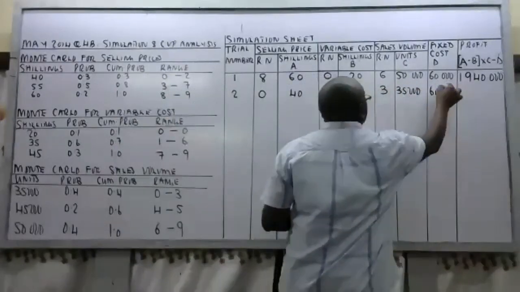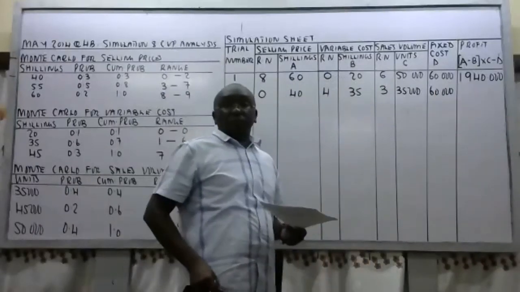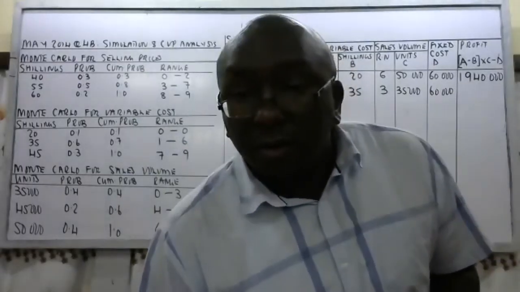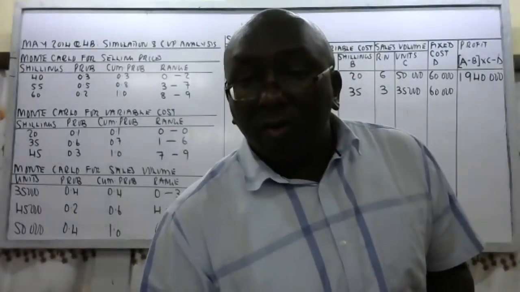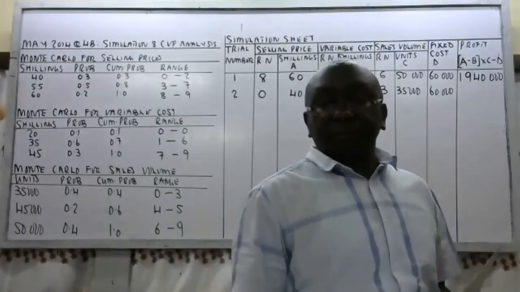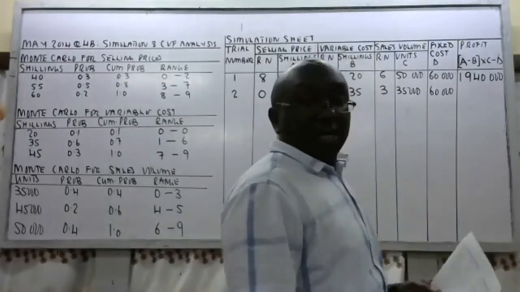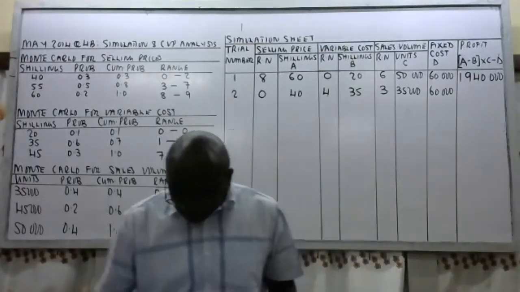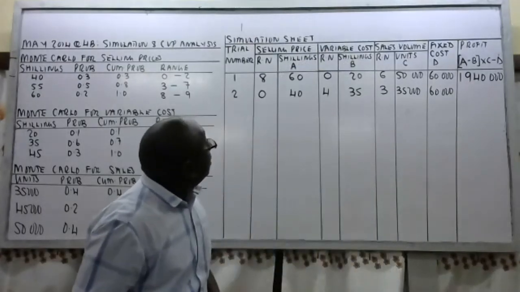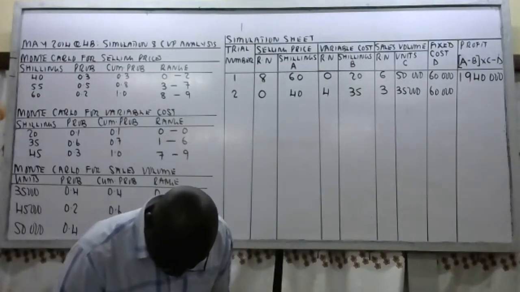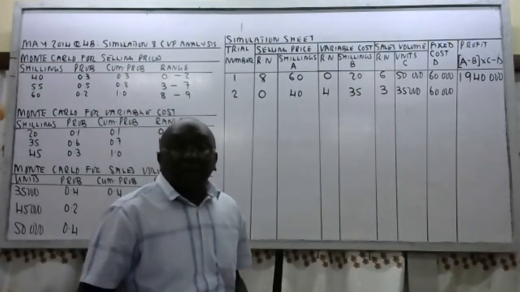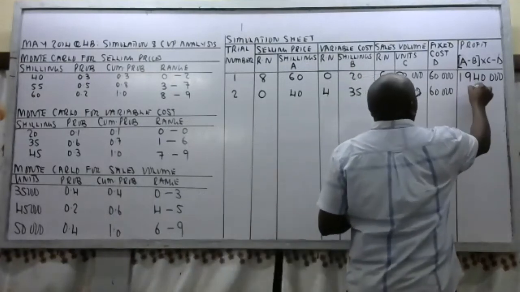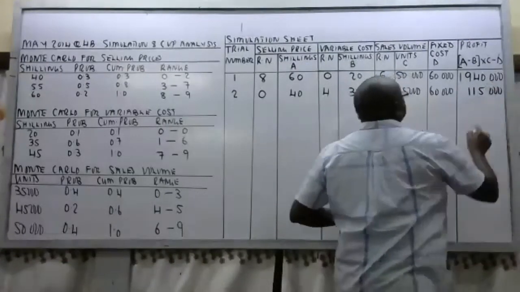And this is 60,000. $115,000 profit according to June. 115,000. These are the numbers I need to mark them well. The figure over 3. Okay. 115,000.